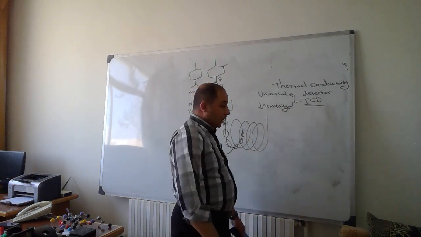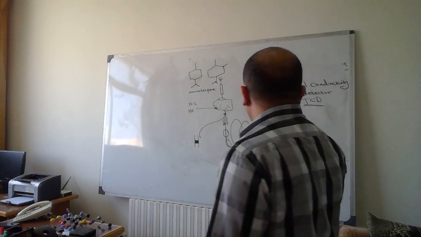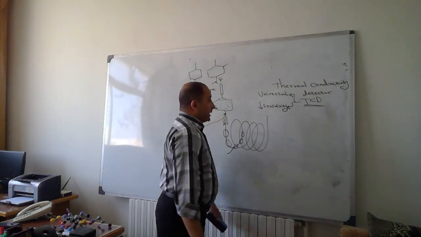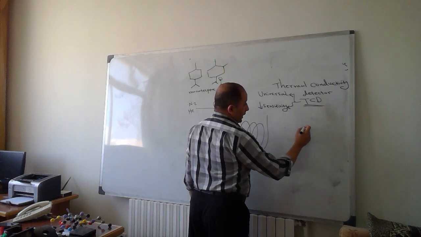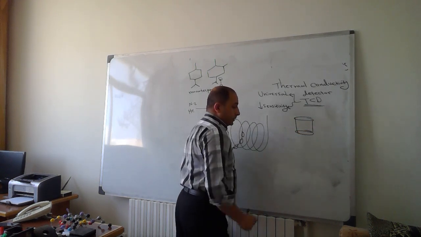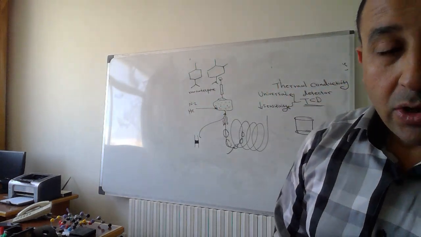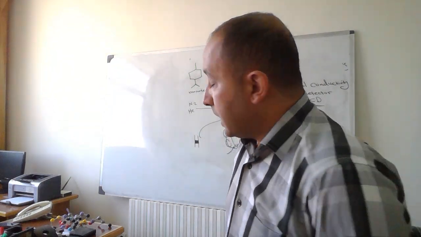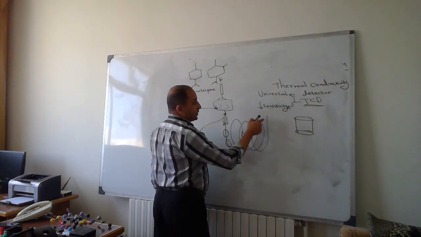You can conclude these characters from the mechanism of detection. TCD has a coil. This coil will raise its temperature. It has a temperature above the highest temperature of the column.